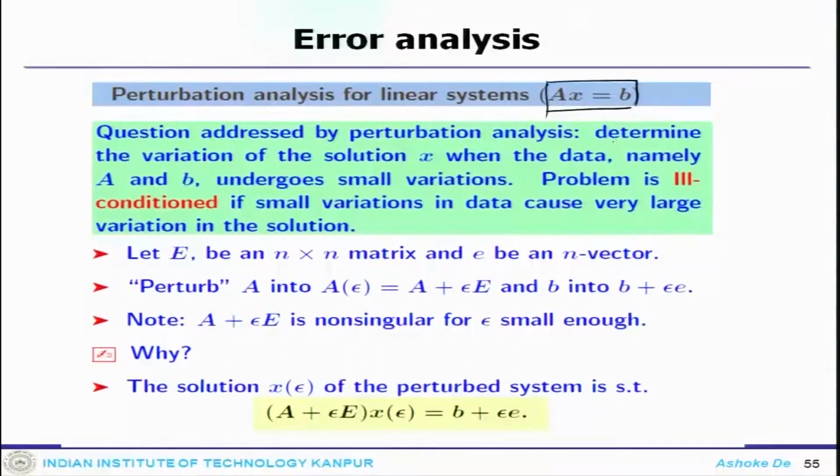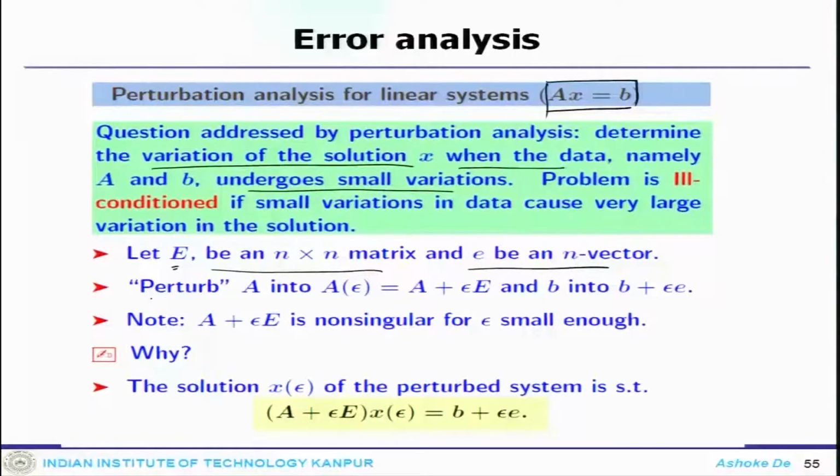You determine the variation of the solution x when the data undergoes small variations. The problem is ill conditioned if a small variation in data causes a very large variation in the solution. This is what leads to the perturbation analysis of this system. Let E be an n by n matrix and small e be an n vector.